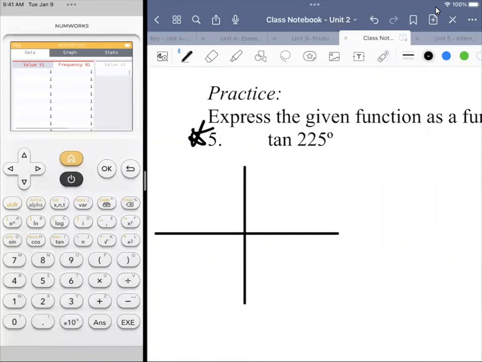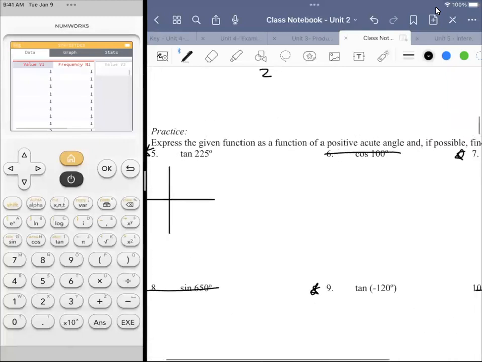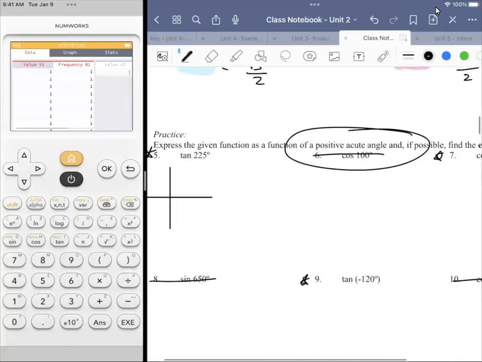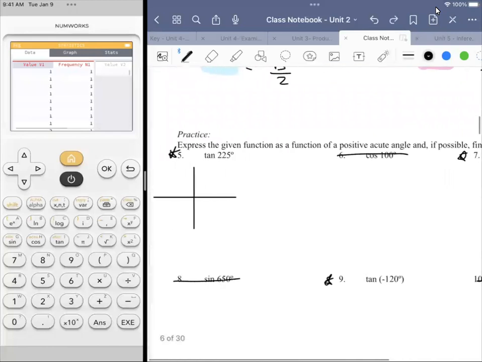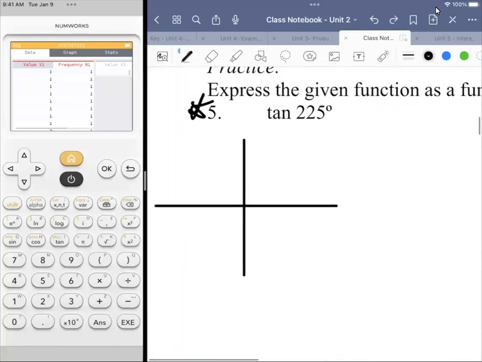One would be to look at the unit circle. The other is to express it as a function of a positive acute angle and then find the exact function value. Right. The benefit of this approach is that you really only need to know the first quadrant values. Right. So some people don't like doing it this way, but I figured I'd present it at least once.